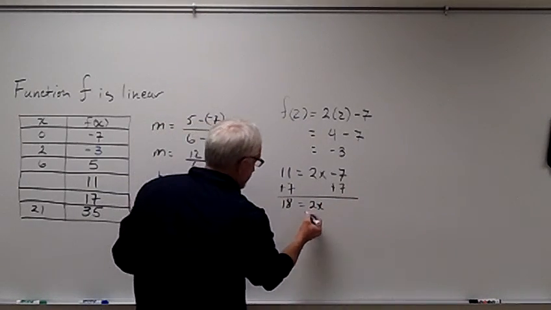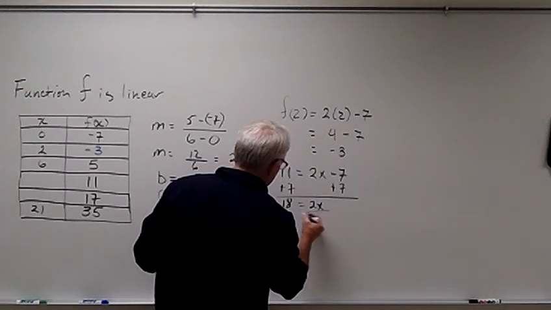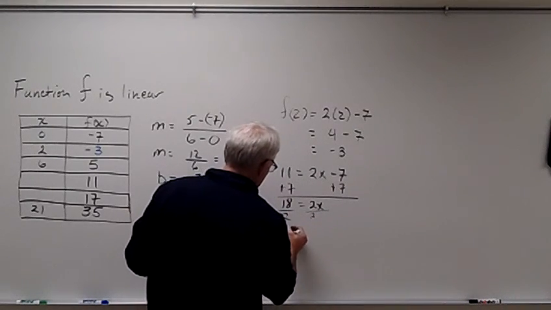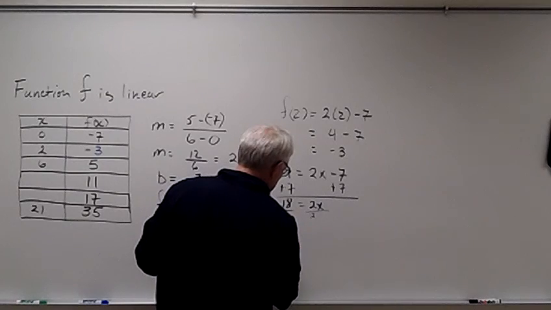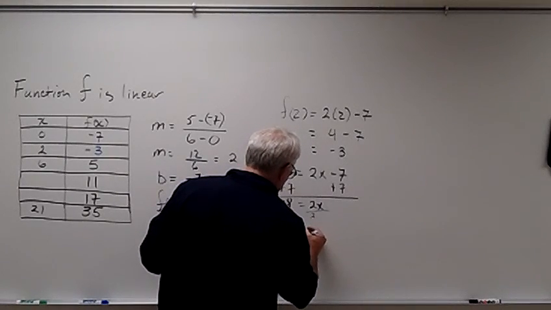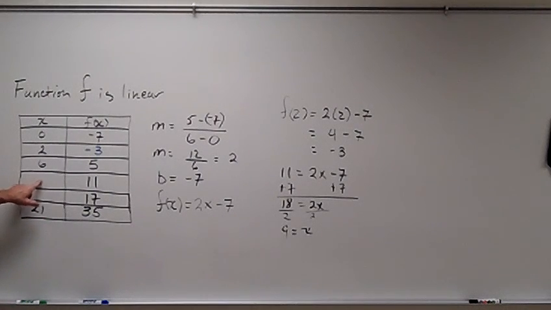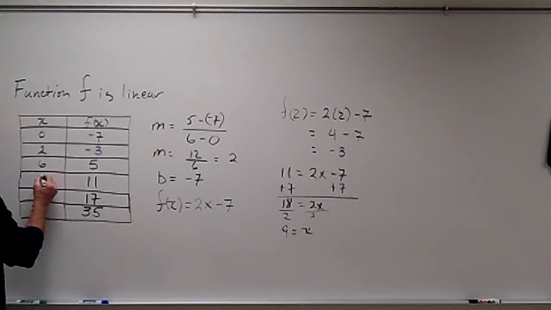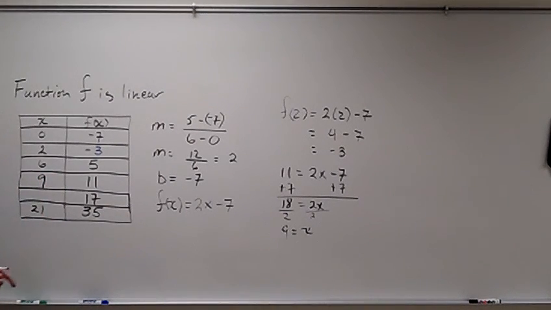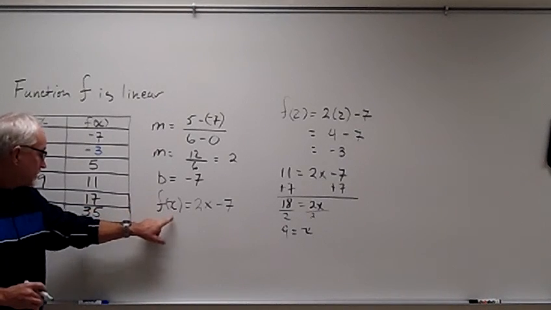The next step in solving the equation is to divide both sides by 2. And when we do that, the result is 9 equals x. So we know that for an input value that would output an 11, we're going to have a 9. We found that by substituting 11 in for f of x in our equation.